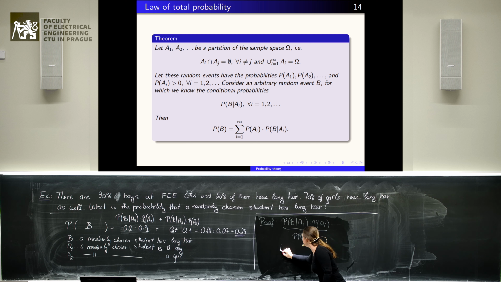It follows again from the definition of conditional probability of B conditionally on Ai, which is given by the intersection of B with Ai over the probability of Ai.